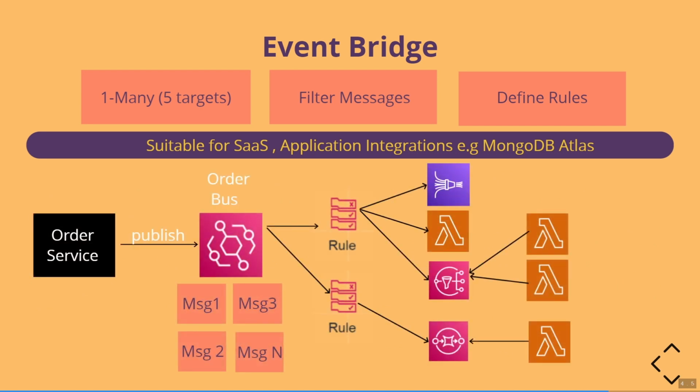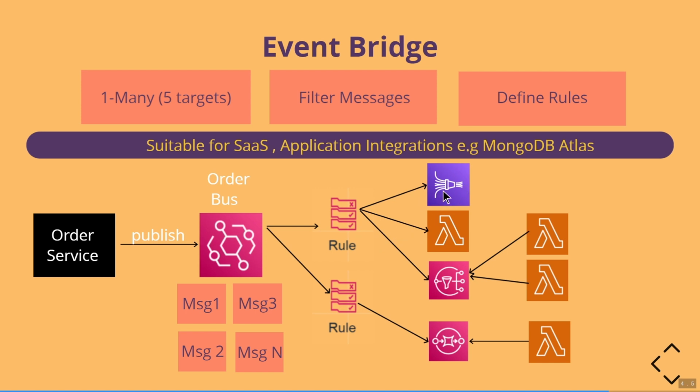We have an order service which publishes a message onto the order bus. This messages, also known as events, will be evaluated by the rules that are configured on this bus. Based on the rules, those are then sent or distributed to the respective targets.